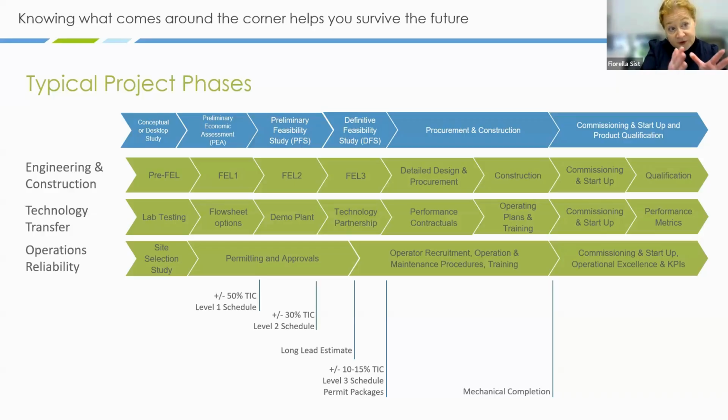So this then goes into what kind of permits and approvals do you need, and the people that you need to actually start up the plant, operate it, and maintain it, right? So all of these things need to play together, and the FEL structure helps you to get there.